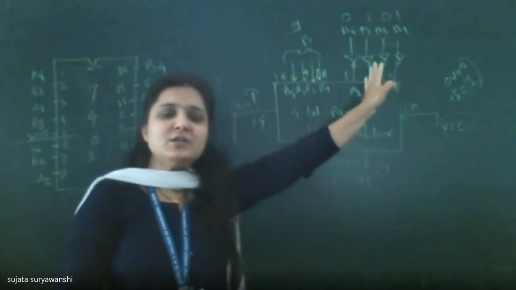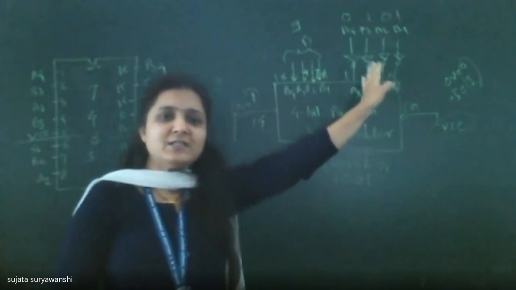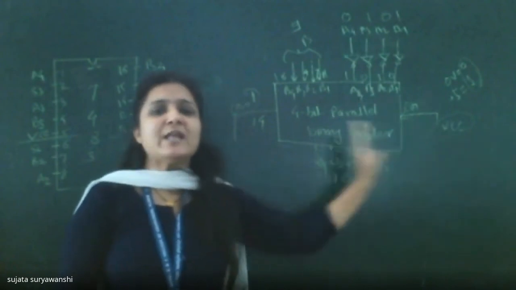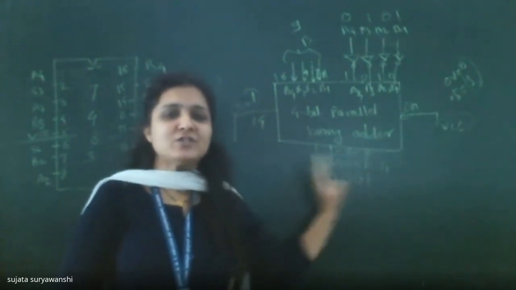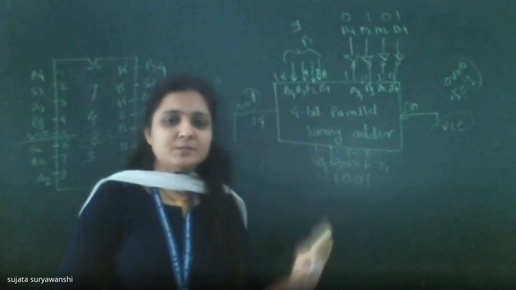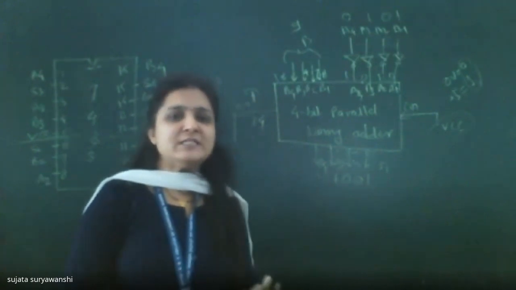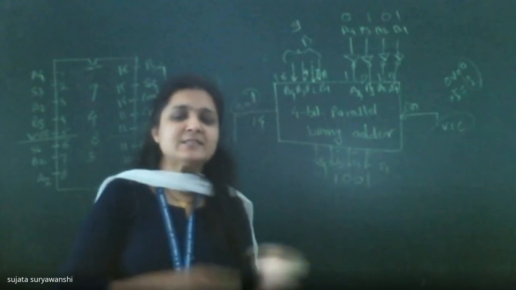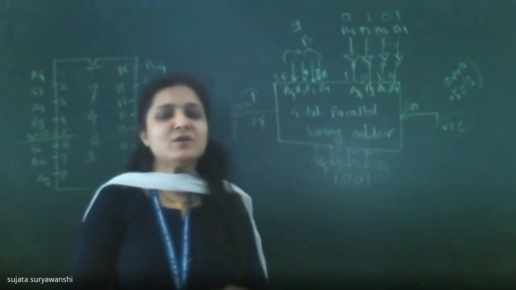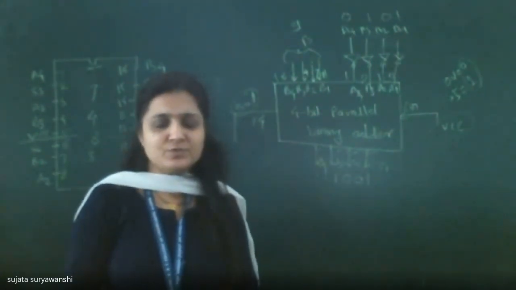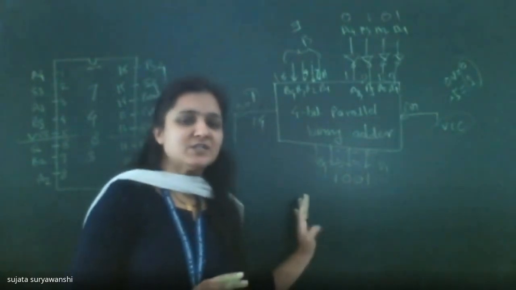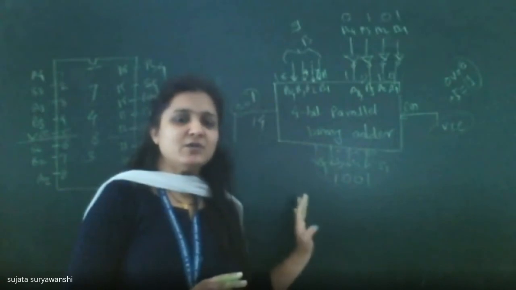Just by using the NOT gate and connecting one of the inputs through NOT gate and C in to VCC, you can make the same IC connection for subtraction also. Suppose if I want to design such a circuit, that circuit will work as a subtractor or it can work as adder also. So can you tell me how to build or how to design such a circuit? You can just think on that.